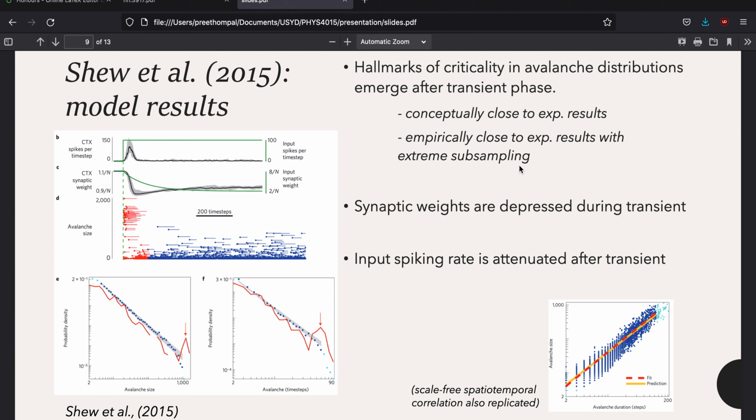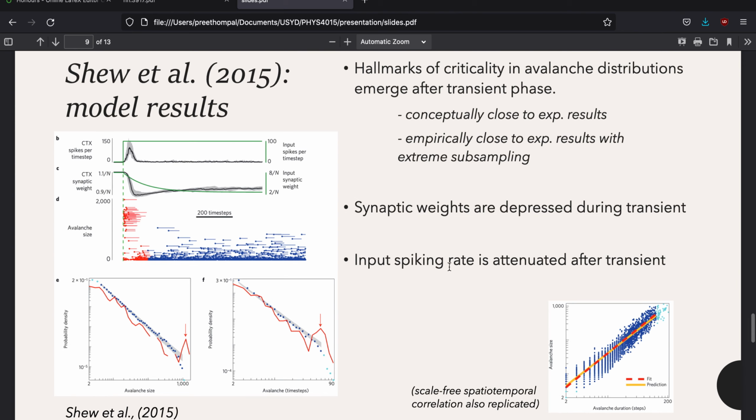And in any case, with subsampling or not, you see the hallmarks of criticality. So you see avalanche size distribution following a power law, as well as avalanche duration following a power law, and you see down here the scale-free spatiotemporal correlation is also seen in the model, regardless of how you subsample.